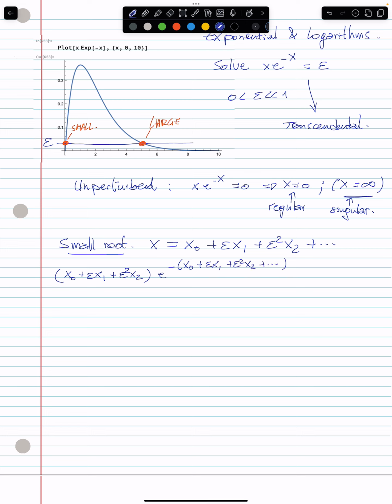What do we notice here? That x0 is in fact equal to 0, right? Because if you want to balance the different orders of magnitude in this problem, then you realize that the only possibility is to have x0 equal to 0, which is at the same time the solution of the unperturbed problem, right? So I was probably a little bit fast when I started with this sequence over here, because what we just observed is x0 should actually be equal to 0.